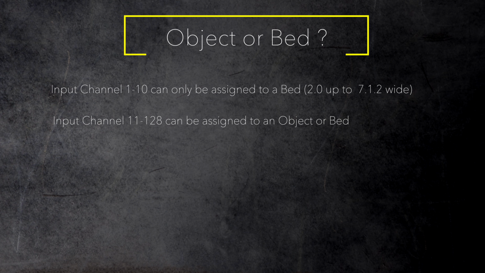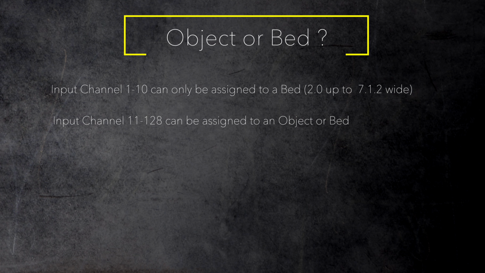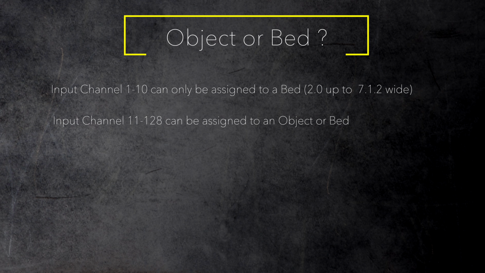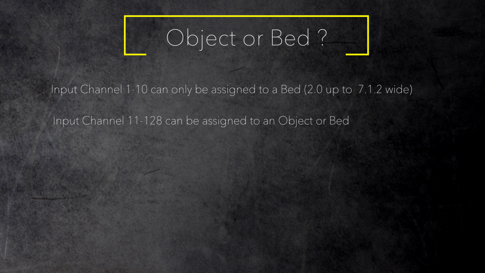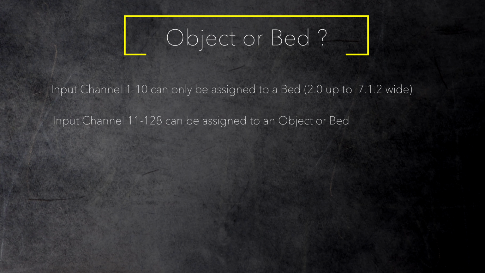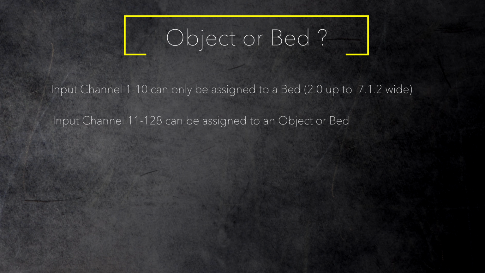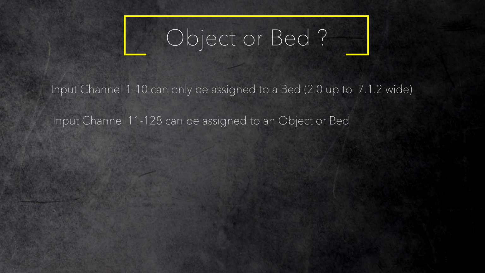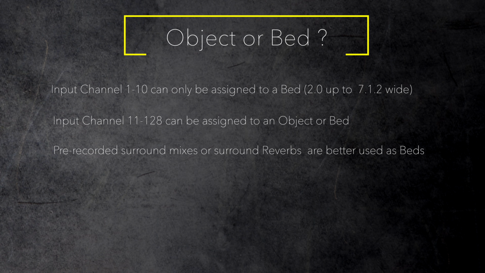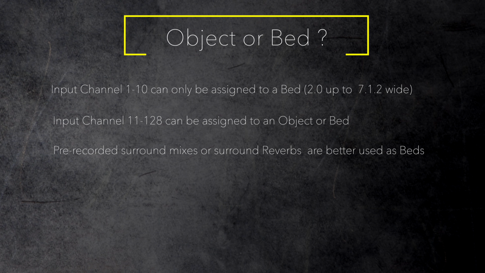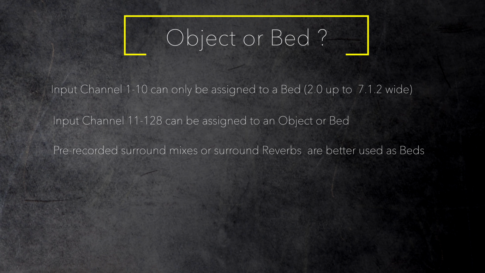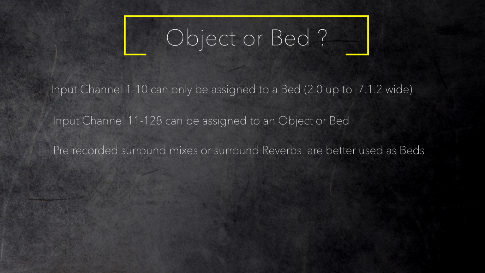The remaining 118 channels can be assigned to objects. You can assign any of those 118 channels as additional beds, but then those channels are not available as objects anymore. Signals that are spatially static or are pre-recorded with a surround format are better routed to a bed.